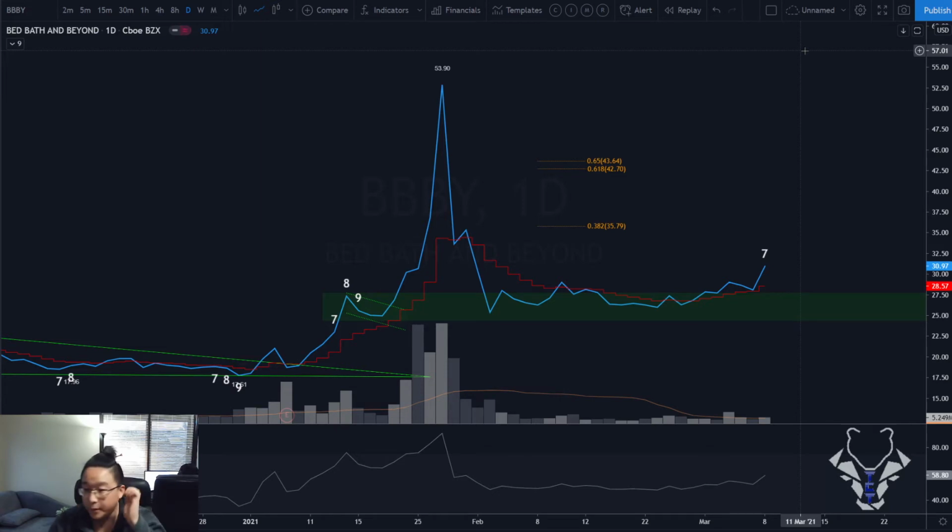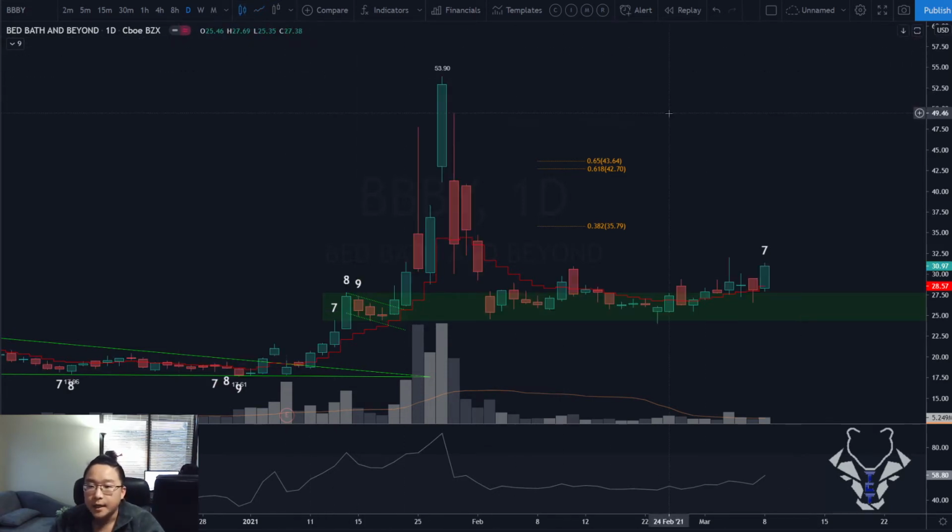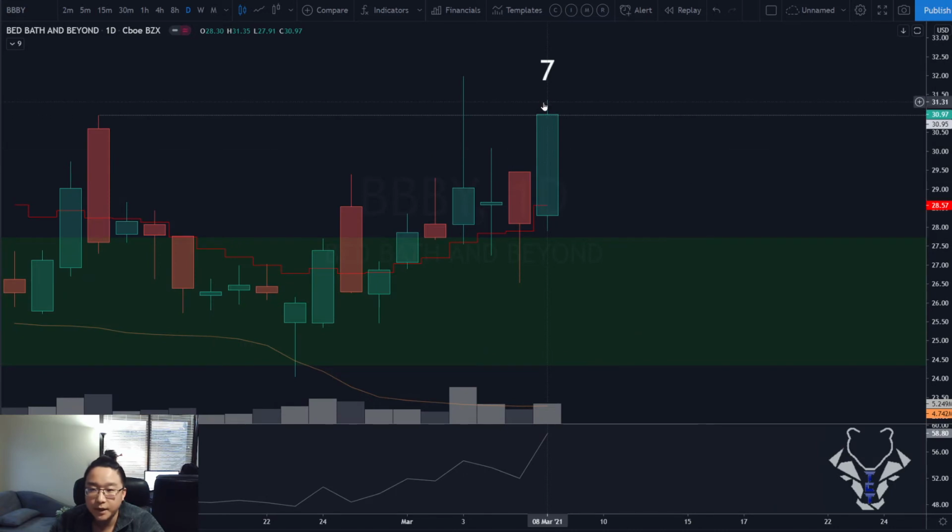So BBBY, one of the rare charts that are green today, and I would anticipate further upside to this. We did close right on that previous high resistance, but we did also close near the high of day. So the chart looks great.